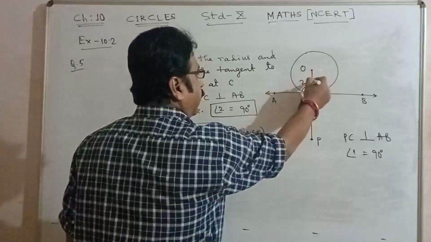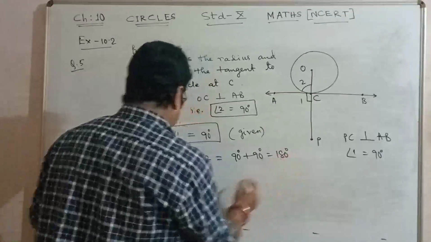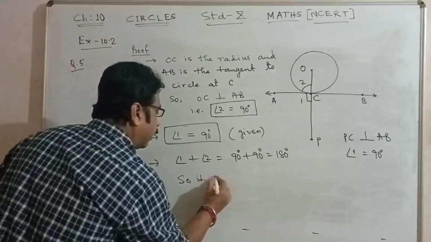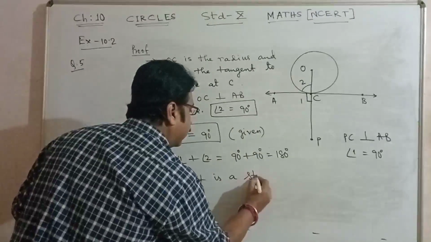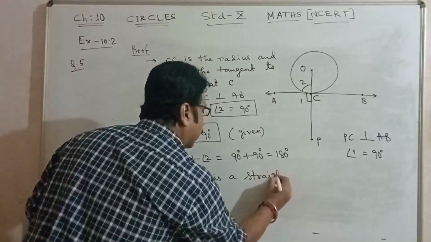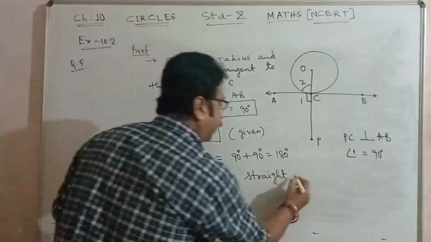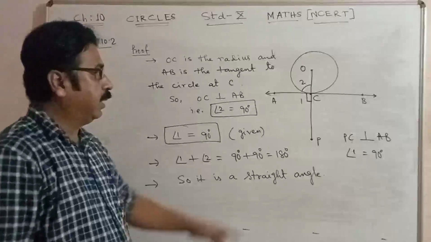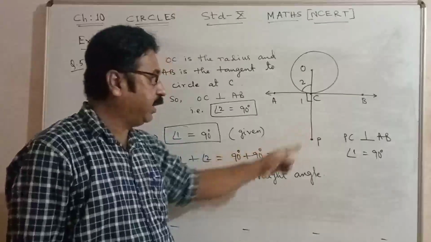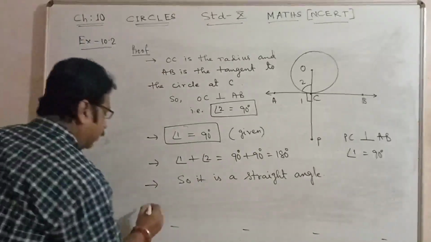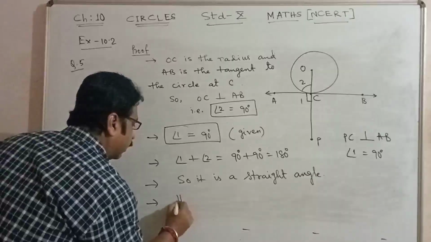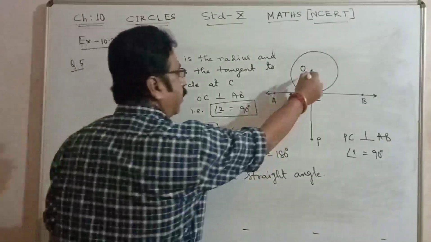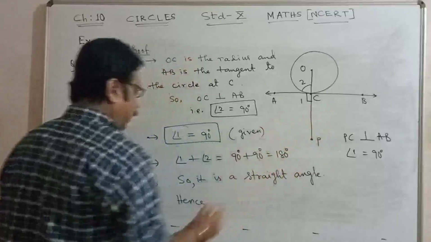If angle 1 plus angle 2 is 180 degree, then it is a straight angle. Straight angle means this will be a straight line, hence OCP.